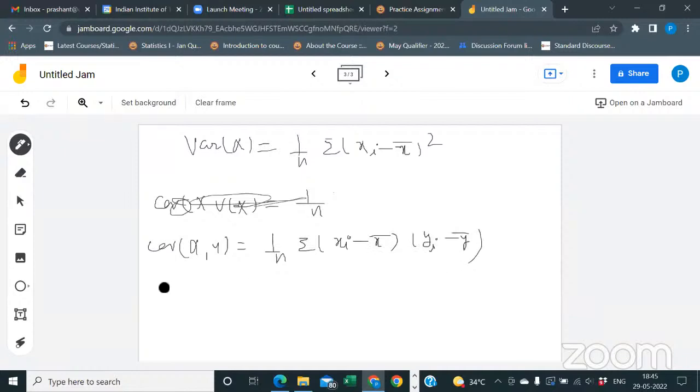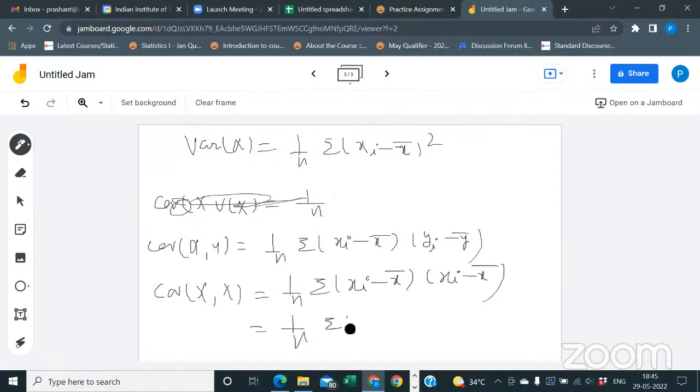Suppose instead of y I have x. So it will be what? Why, sir? It's a variance. Variance is for one variable, covariance is for two variables. Sir, I cannot understand. Covariance of x comma x, cannot understand.